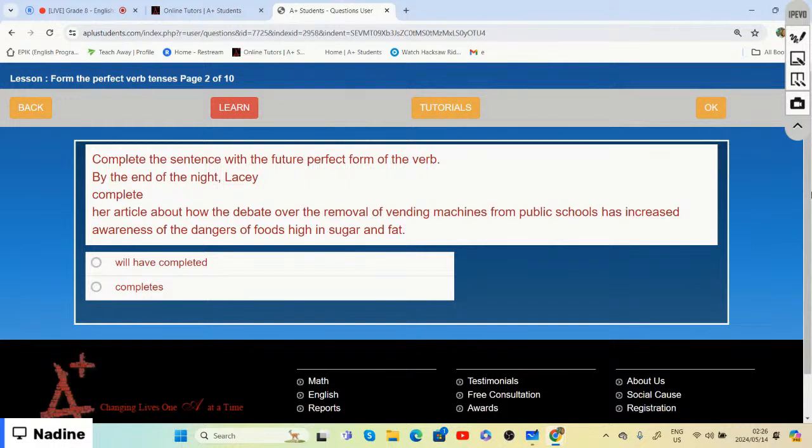This is now the future perfect tense. Do we say by the end of the night, Lacey will have completed, or do we say Lacey completed her article about how the debate over the removal of vending machines from public schools has increased awareness of the dangers of foods high in sugar and fat?